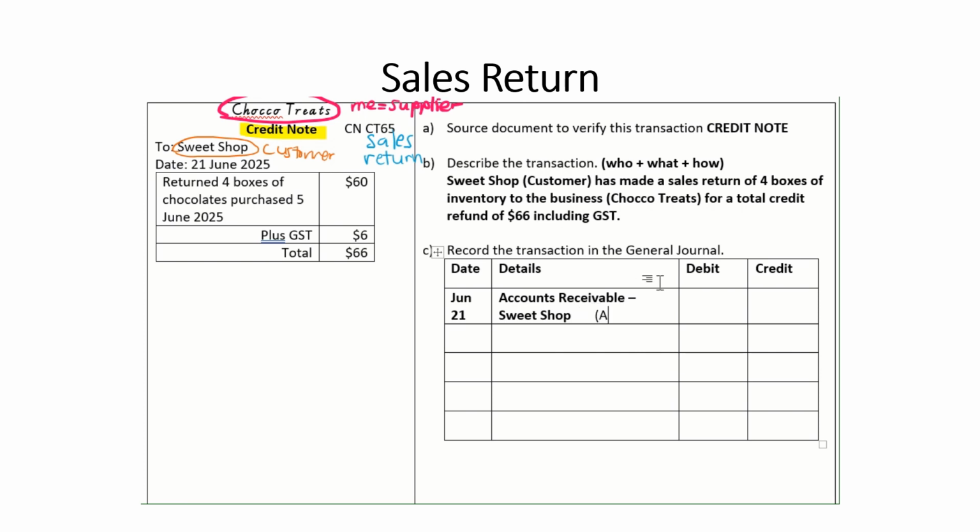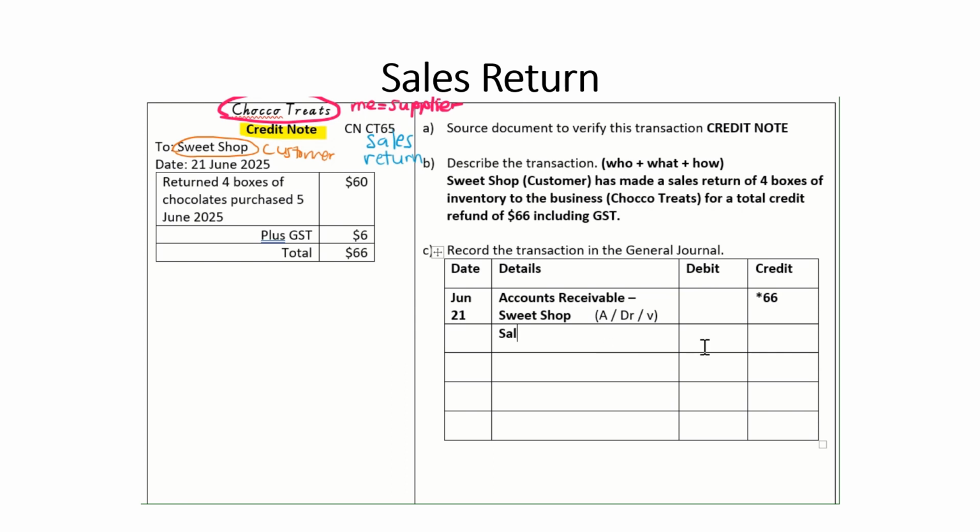Accounts receivable is an asset that is a debit in nature. And since we are giving this credit refund to the customer, any amount that the accounts receivable was owing goes down, it decreases. So this is a debit going down, and therefore we would record the amount that was refunded, total amount, on the credit side. So that would be $66.